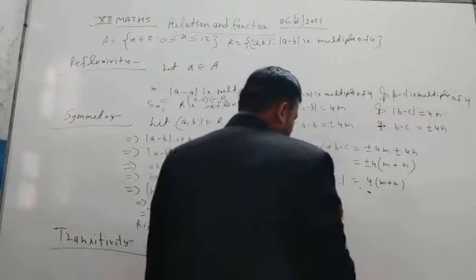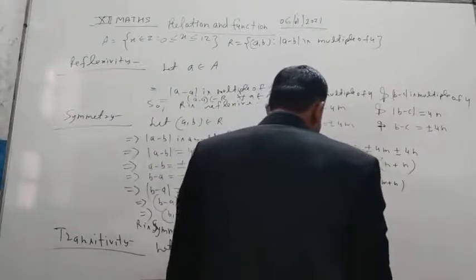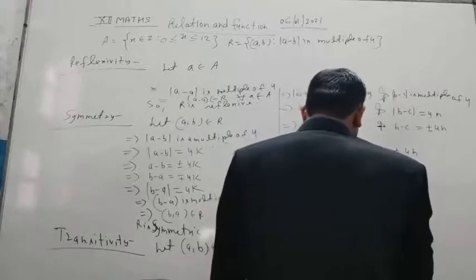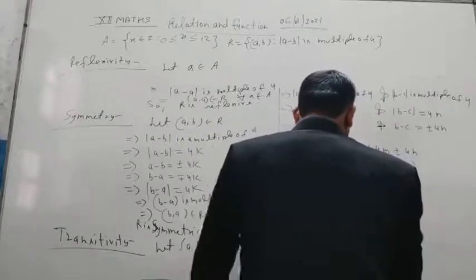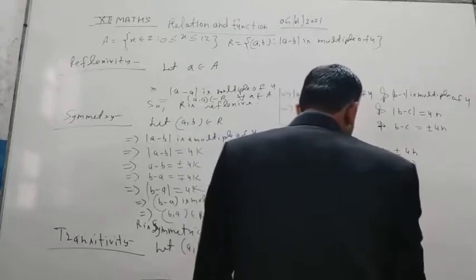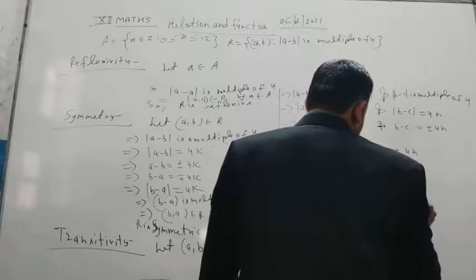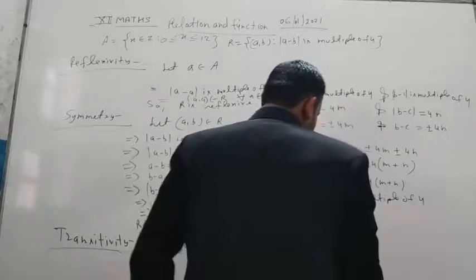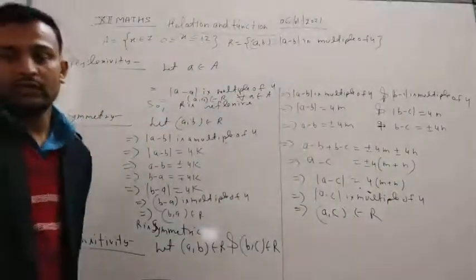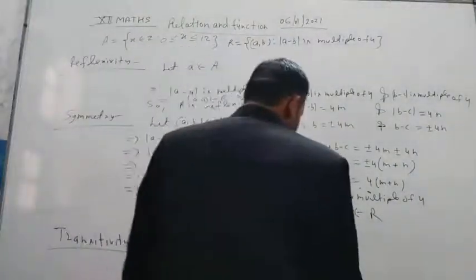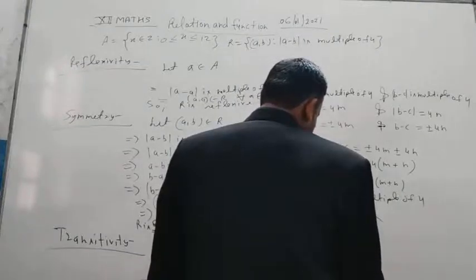This implies A minus C is a multiple of 4, and this implies AC belongs to R. So on the basis of this, we can say that R is transitive.